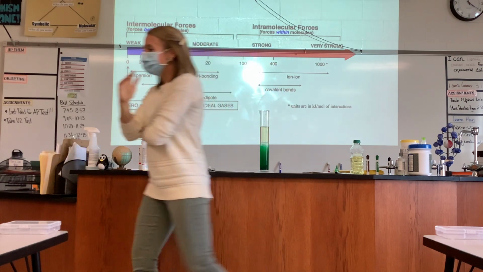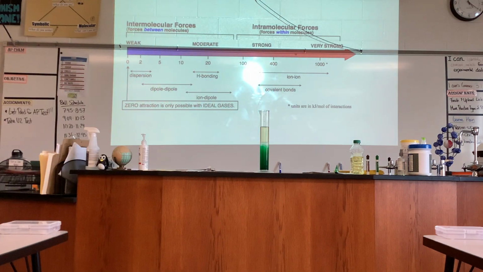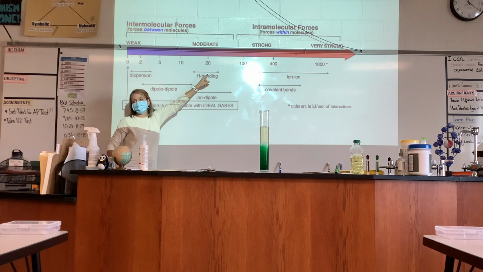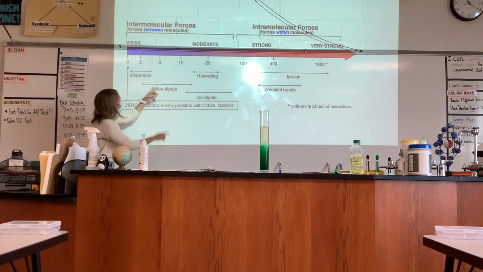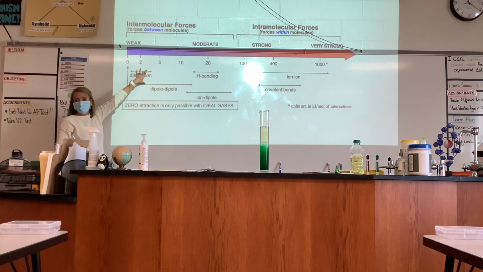Okay, the last thing we need to be able to do, our objective, is that given a structure, you should be able to say, oh, that thing has these forces. It is important to recognize some overlap here. Generally, dispersion is the weakest and hydrogen bond is the strongest. But you do have an overlap region where some dispersion forces are stronger than some dipole forces.